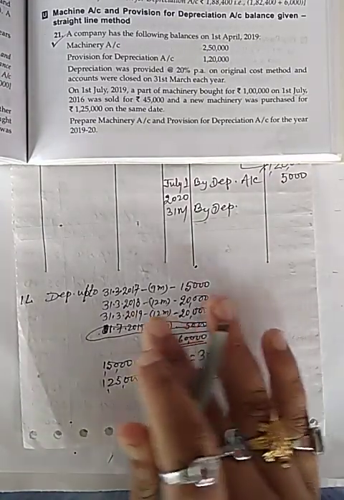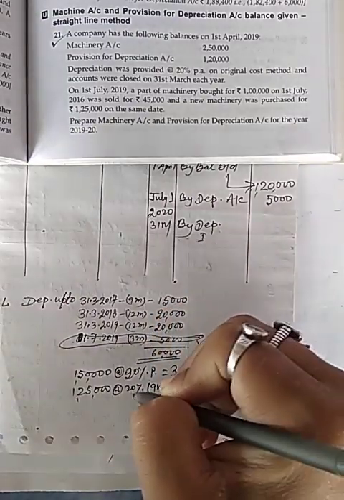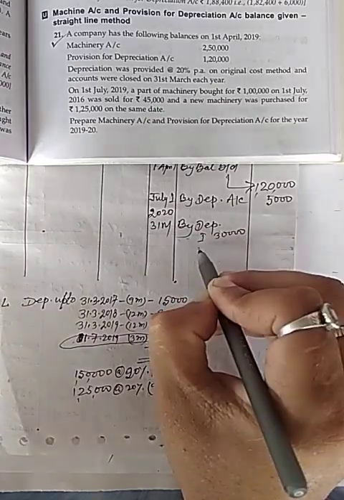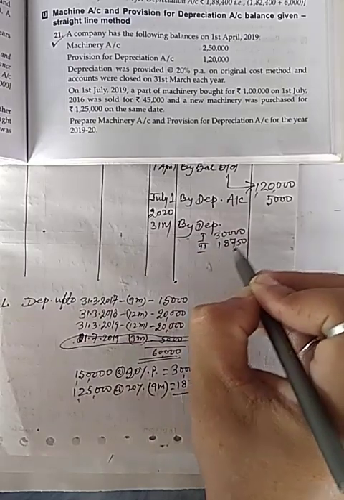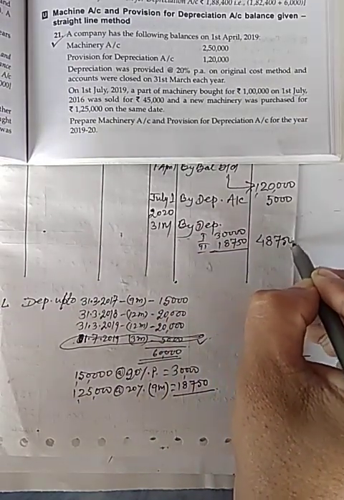So student, depreciation on the first machine will be 30,000 on the remaining balance, and on the second new machine 18,750. So I will write 48,750.